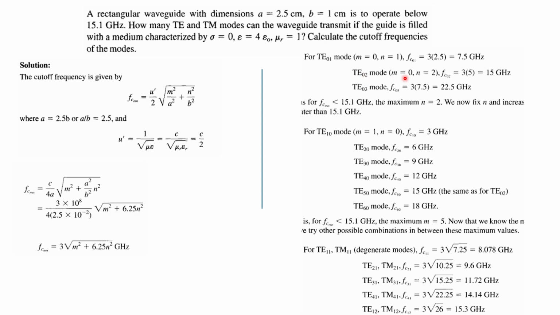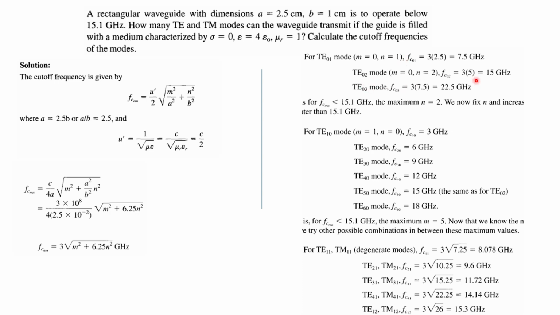In that case you will get a cutoff frequency of 7.5 gigahertz. Is this 7.5 lesser than 15.1? Of course yes, so it will propagate, right? Next, put m equal to 0, n equal to 2; n equal to 1 we have already put and found the value.